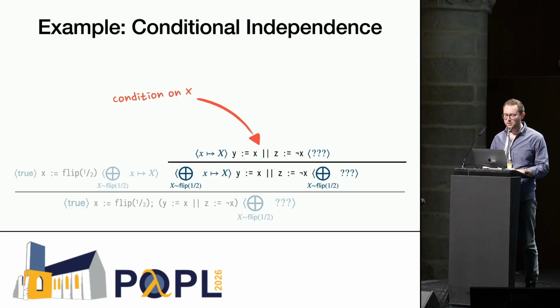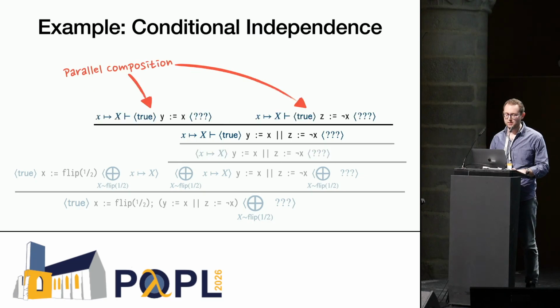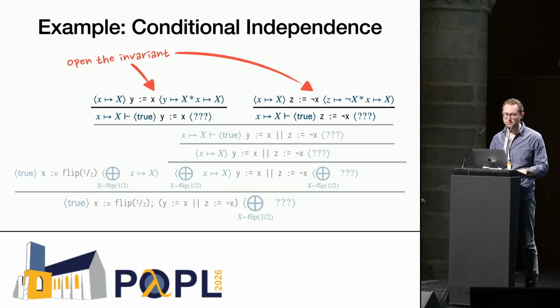The next thing we can do is move the information about X into the invariant so that we can share it between the two threads. Then we can use the parallel composition rule. And finally, we're in a position where each thread is just one atomic instruction, so we can open the invariant, and we see that in the first thread, y points to x, and in the second thread, z points to not x.